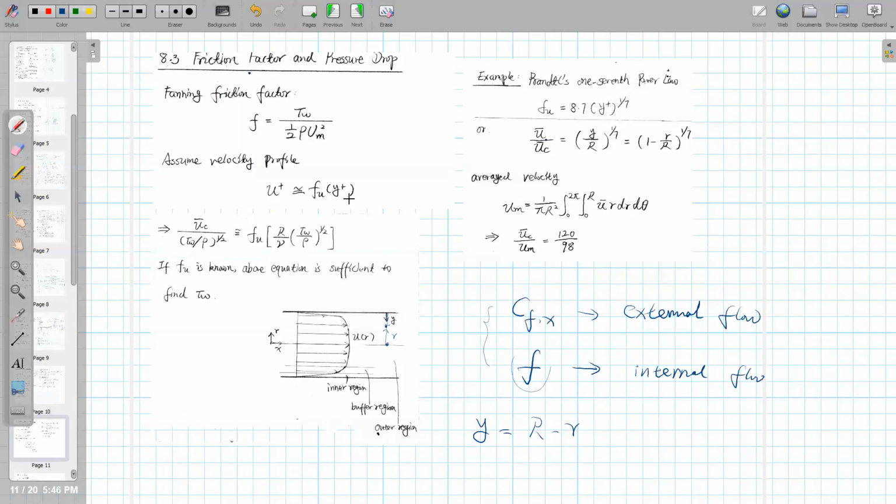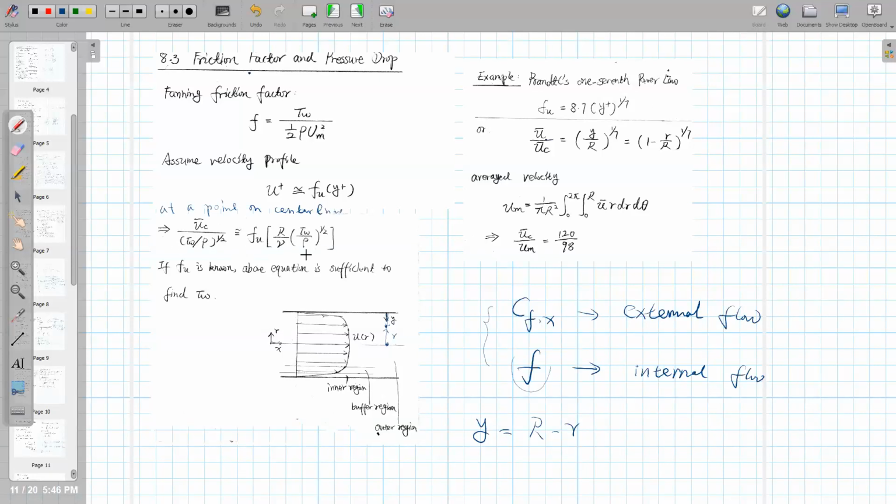And for y plus, at the center line, y will be equal to R, which is this length, times u star divided by mu. So that means, let me write it, at a point on the center line.